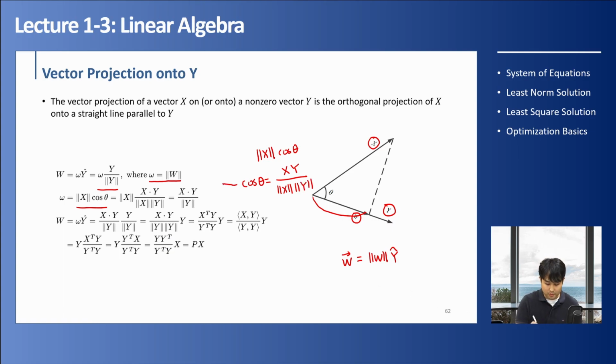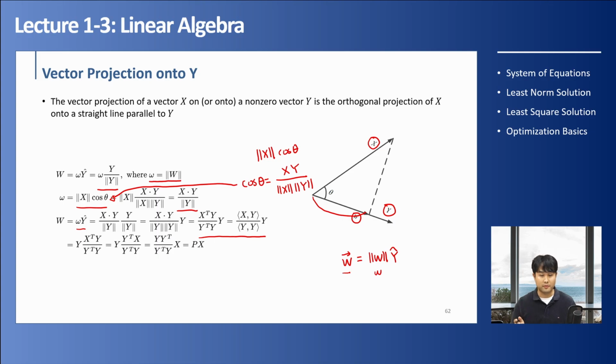Hence, if we substitute this into this equation and simplify, we have this as our value for omega. And finally, because our projected vector is defined as omega times the unit direction of y, the expression for our projected vector becomes the following.